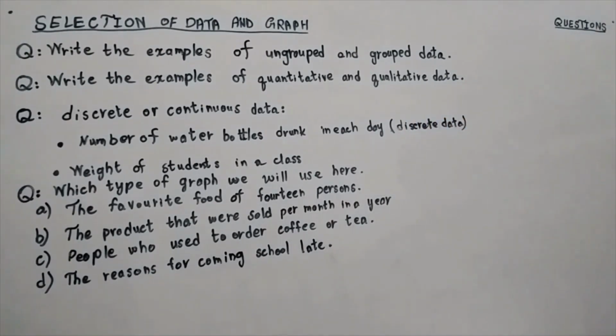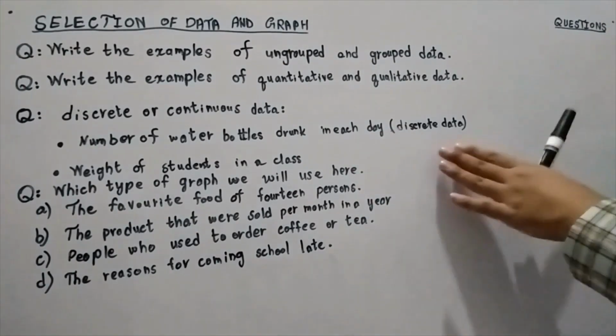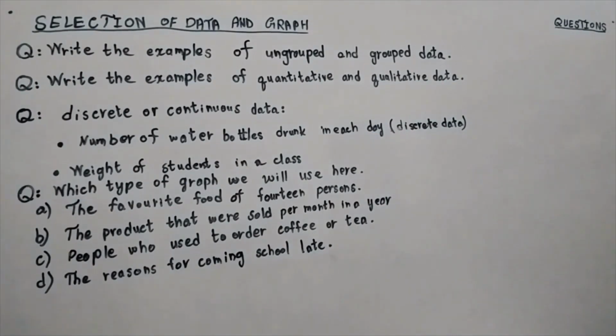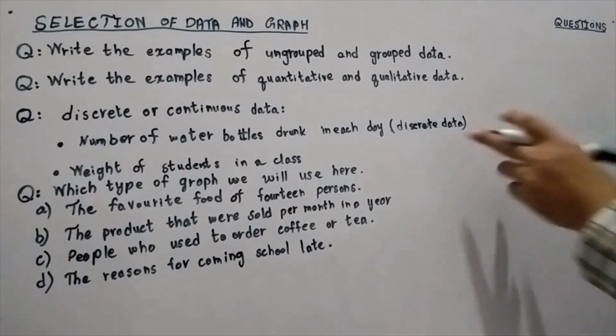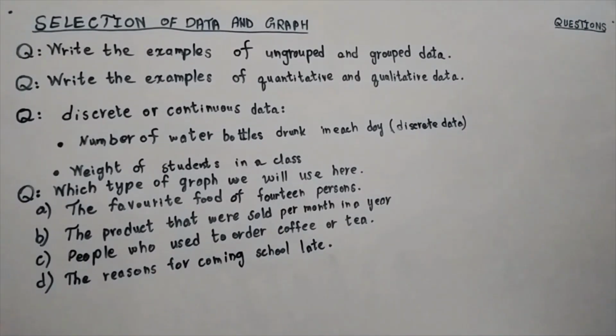Here you have to mention the number of bottles completely finished. You can also say it like that: the number of water bottles finished in each day. Now we have the weight of students in a class.